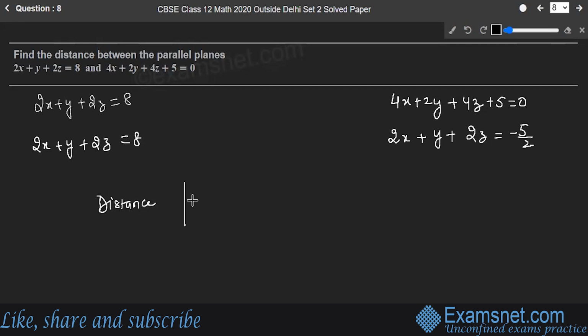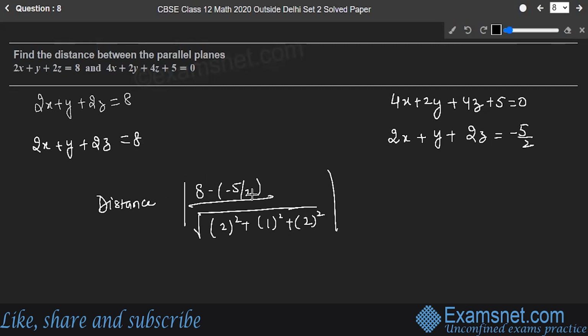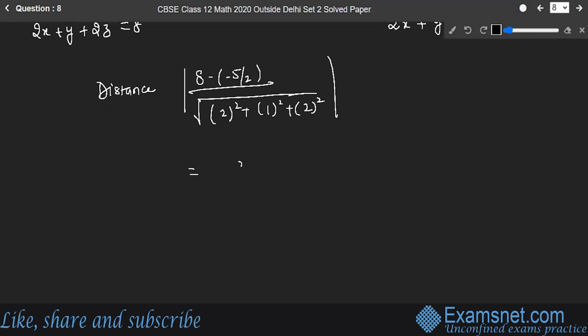So distance between them will be given by 8 minus of minus 5 by 2 whole divided by root of 2 square plus 1 square plus 2 square, which is equal to 8 plus 5 by 2 divided by root of 4 plus 4 plus 1.